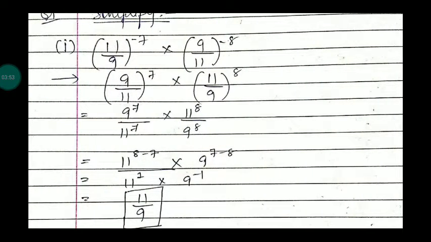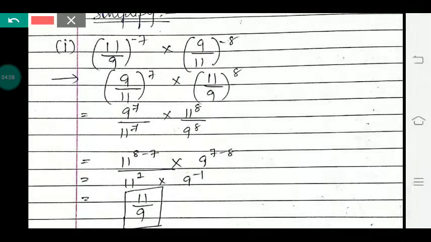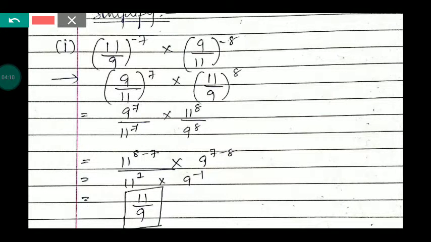Moving on to the exercise. We have the first sum, simplify. Now in the previous lecture we had seen that when the powers are negative, the first basic thing you do is turn it into positive by taking the reciprocal. Here 11 upon 9 whole raised to minus 7 and 9 upon 11 whole raised to minus 8 both carry negative powers.